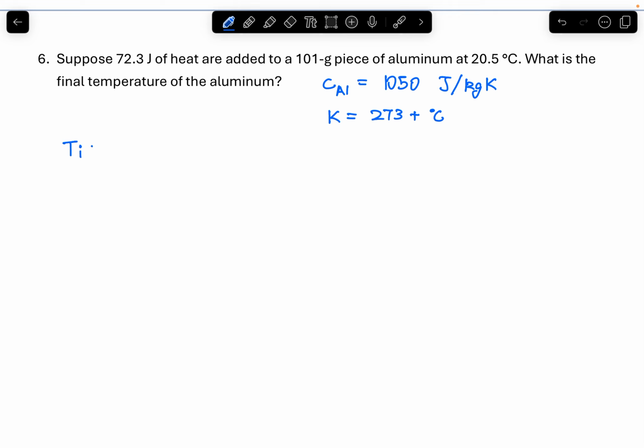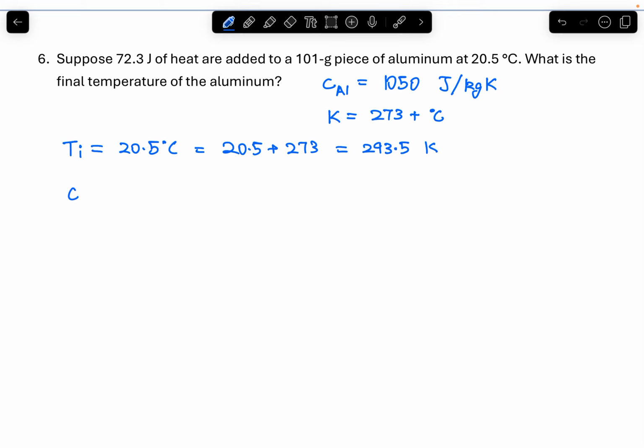So T initial is equal to 20.5 degrees Celsius, which is equal to 20.5 plus 273 Kelvin. So the temperature is 293.5 Kelvin.